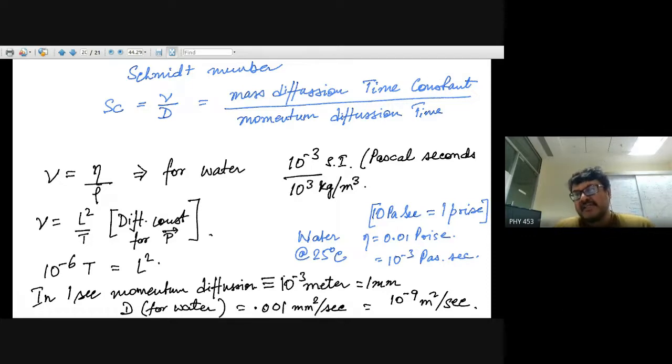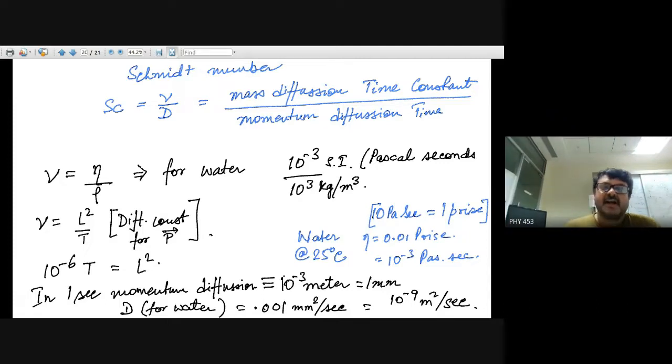Thereby, as you increase the temperature for a liquid, viscosity decreases. The mechanism is very different. Hence, the viscosity in one case increases with temperature, that is air. On the other hand, it is an activated process in the case of a liquid, and the viscosity decreases hugely.